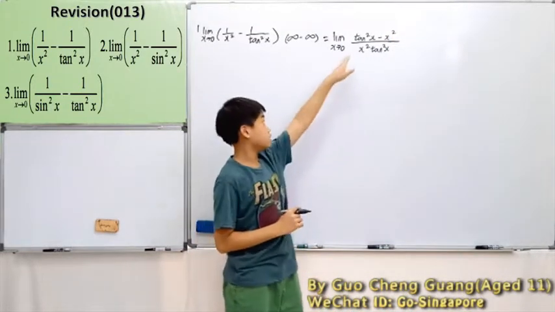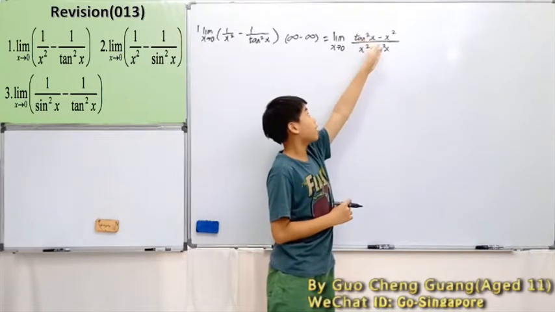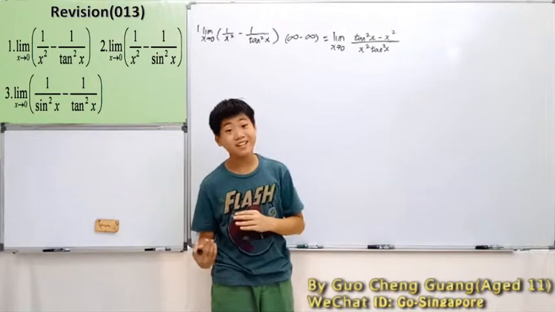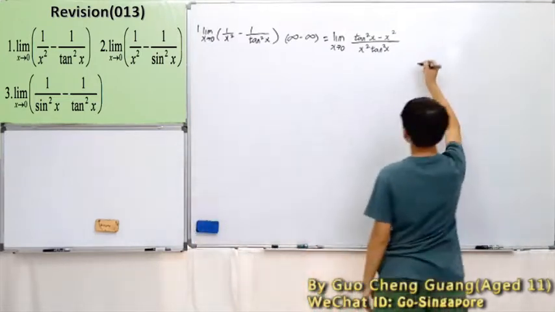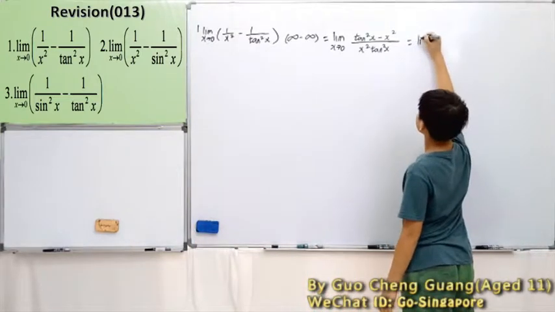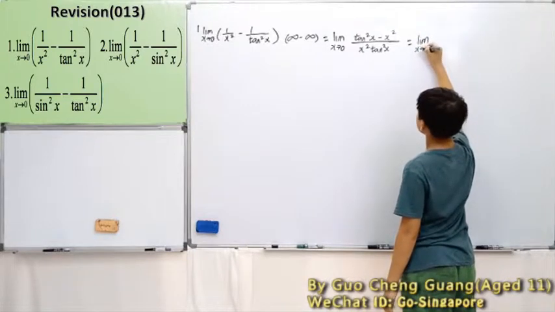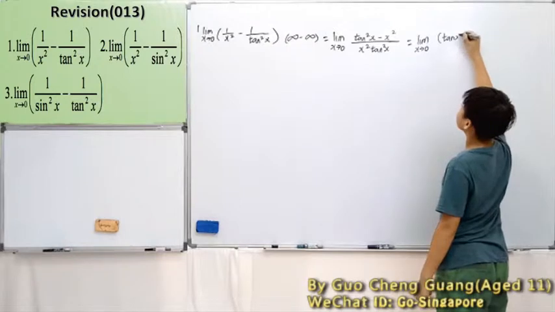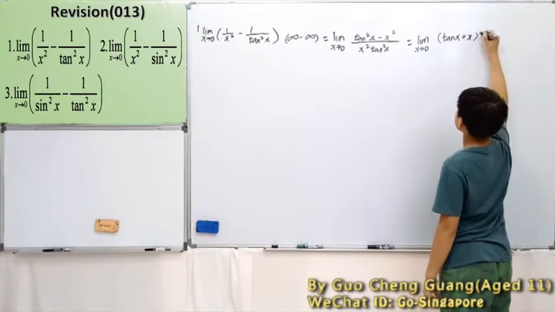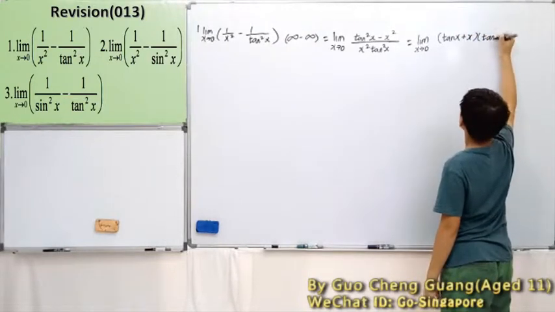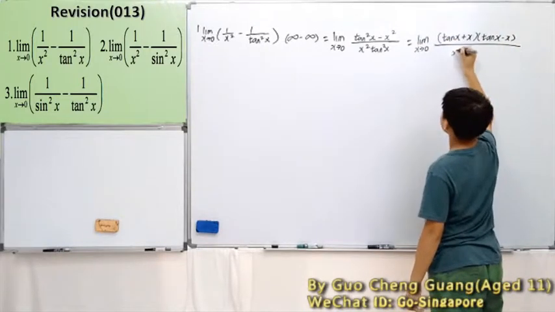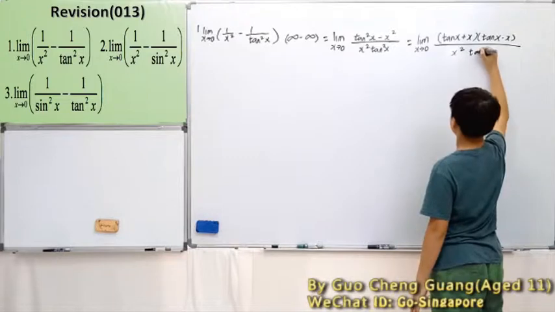Now, what do you think of this? Something squared minus another square. I think it reminds you of a squared minus b squared. So a squared minus b squared, you'll get tangent x plus x, then tangent x minus x, over this denominator, which we let be the same first.